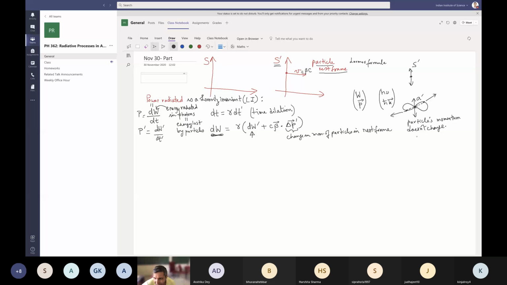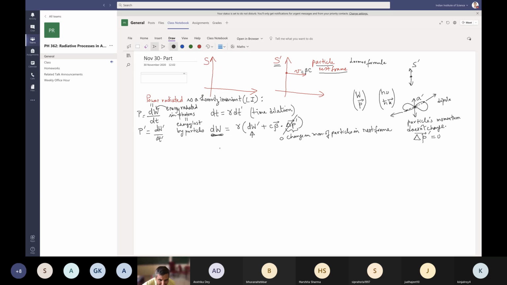What it means is that delta P prime in the particle's rest frame is actually zero, because we are considering symmetric emission in the particle's rest frame, and we know this is true for dipole radiation and for other radiations as well. So this is actually zero.